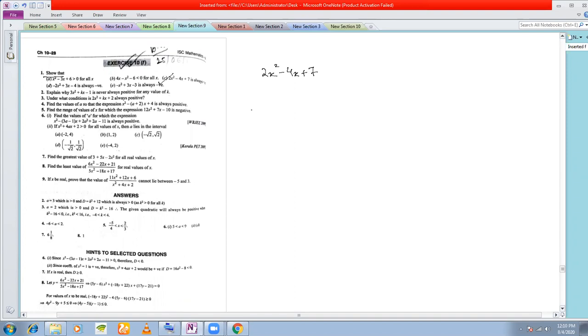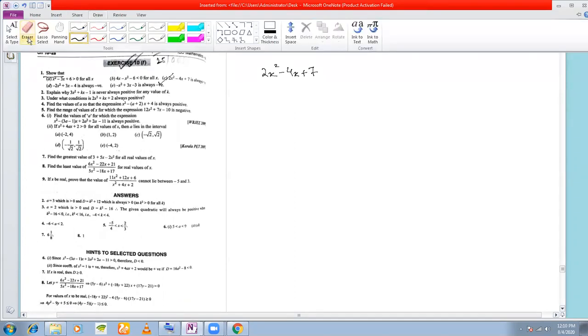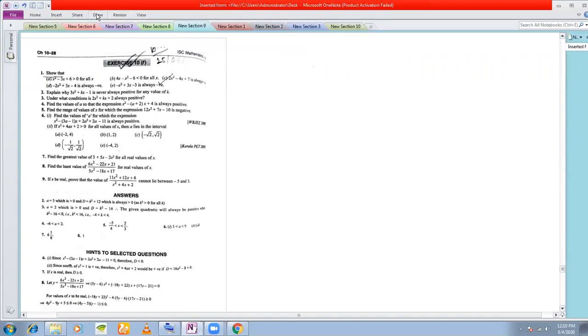Now remember, and I add one more question here. Rewrite the question. Show that 2x squared minus 4x plus 7 is always positive.